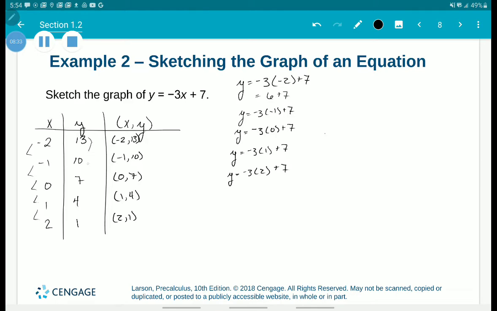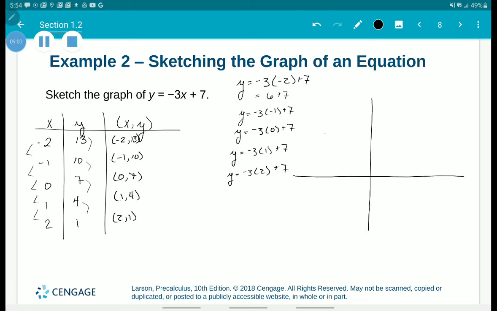And notice y is constantly decreasing. So that's telling us a little bit about what's called the slope of this graph. And we can see that if x has a constant increase or decrease and y has a constant increase or decrease, then we usually will have a linear function, which we'll talk more about later.